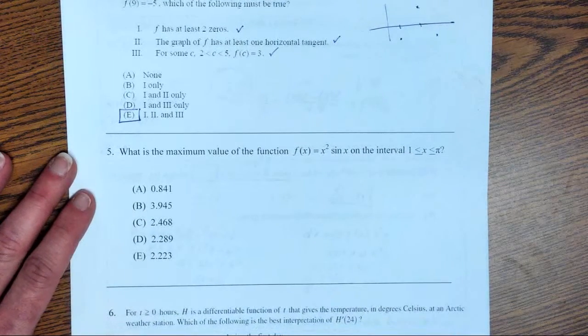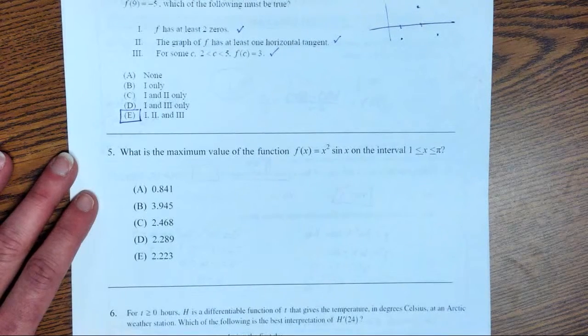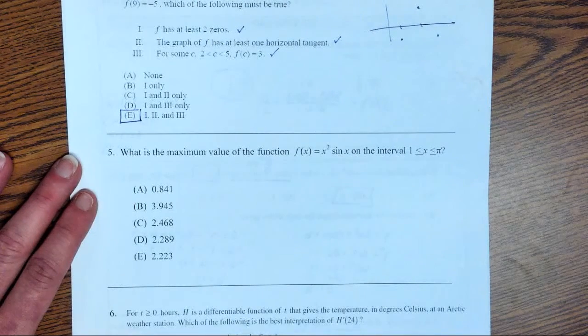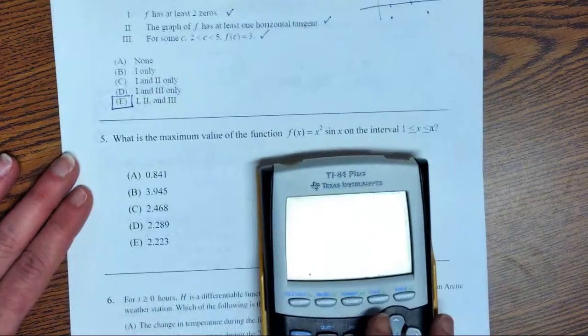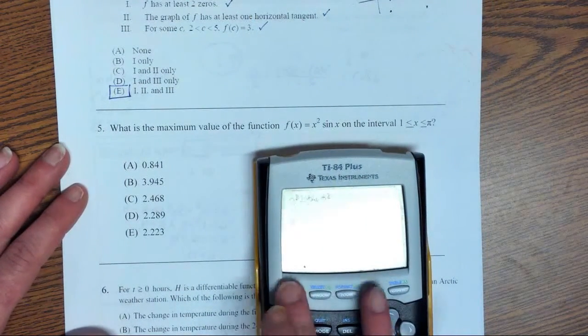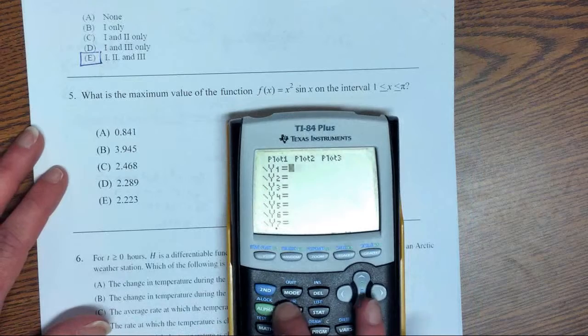What is the maximum value of the function x squared sine x on the interval 1 to pi? So this is multiple choice and calculator allowed. I'm going to be honest, why don't we just go in and find the maximum?